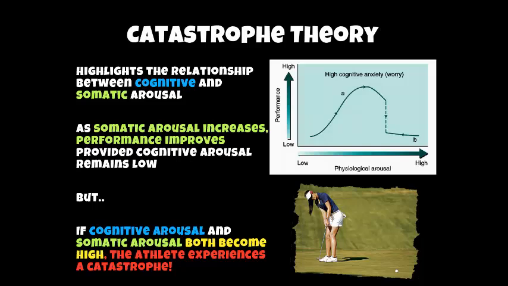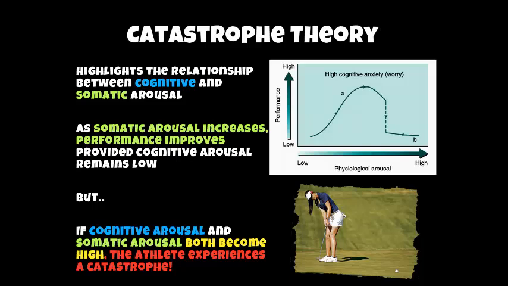Okay, so hole 1 she drives onto the green, physically she's quite aroused, so somatic arousal is high because it's still quite an explosive sport, you need to drive the ball onto the green, and as she starts to putt each time, psychologically she's getting more and more confident.